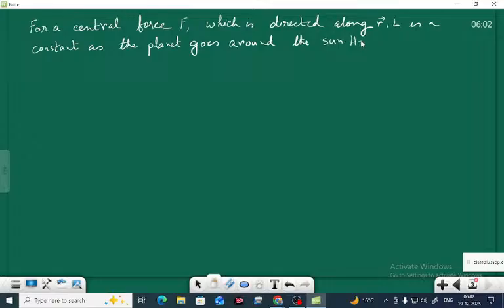Hence you can say del A by del t is a constant. So the rate of change of area with respect to time is constant.